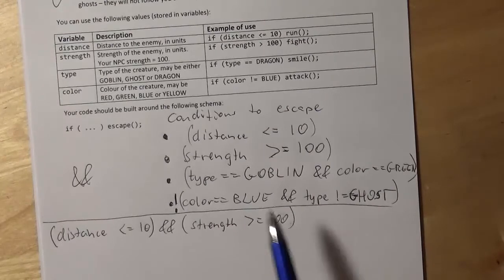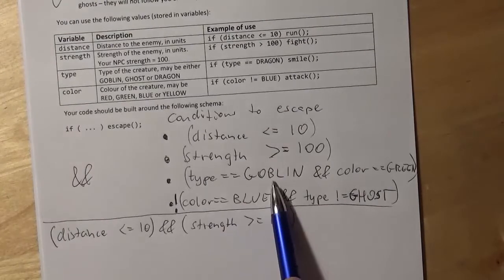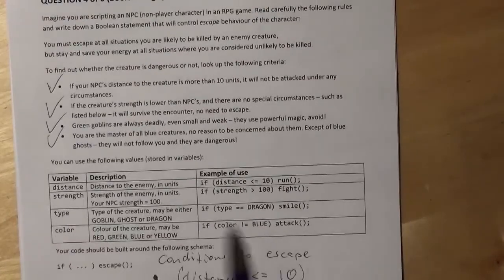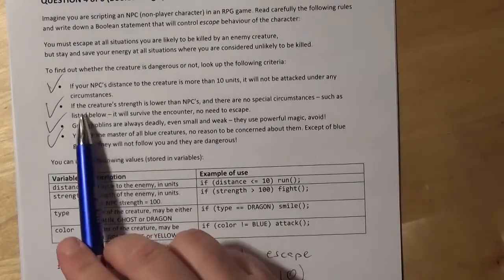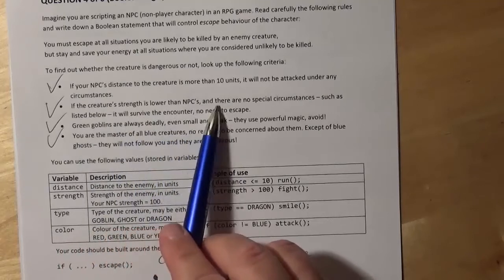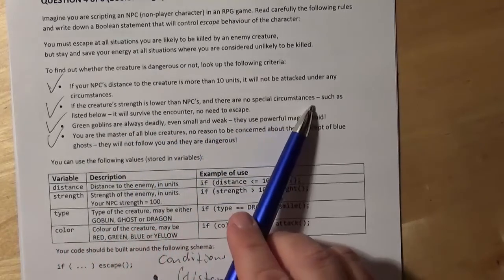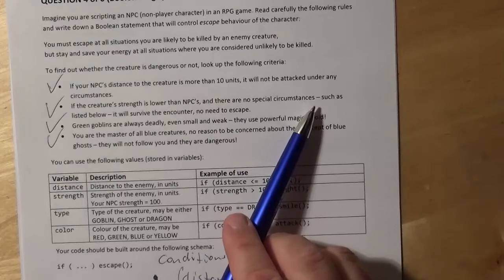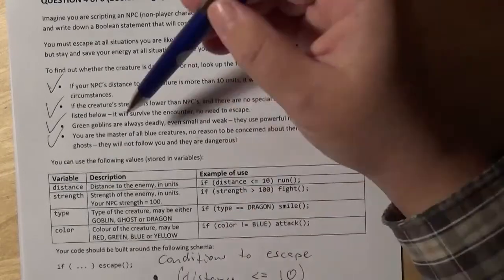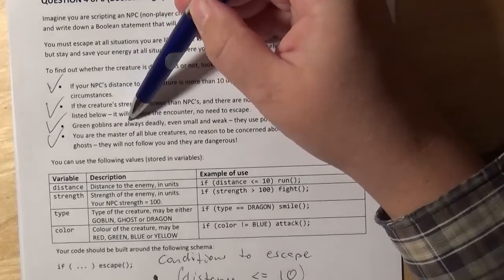How about the fact of being a goblin, a green goblin? First of all, the second statement says that if the creature's strength is lower and there are no special circumstances, so there might be some special circumstances, and the special circumstance is being a green goblin.